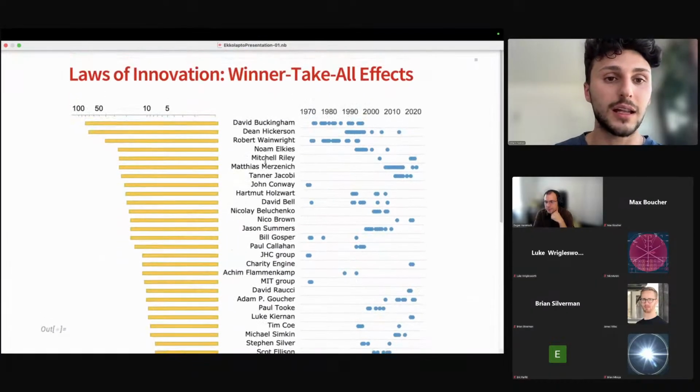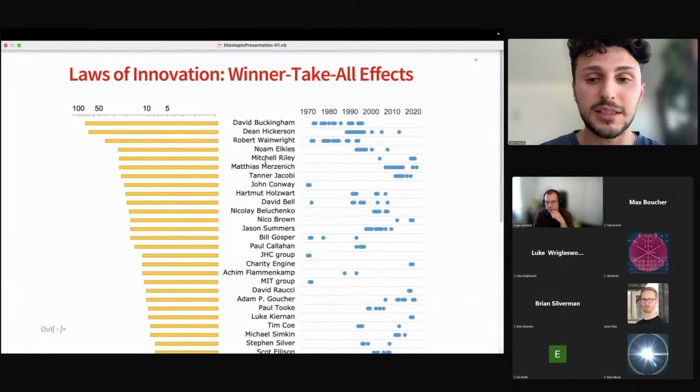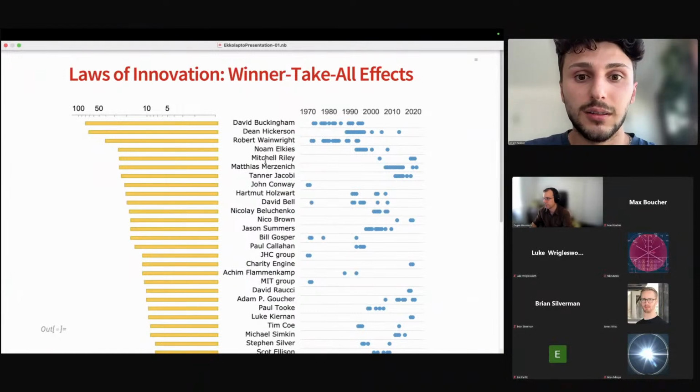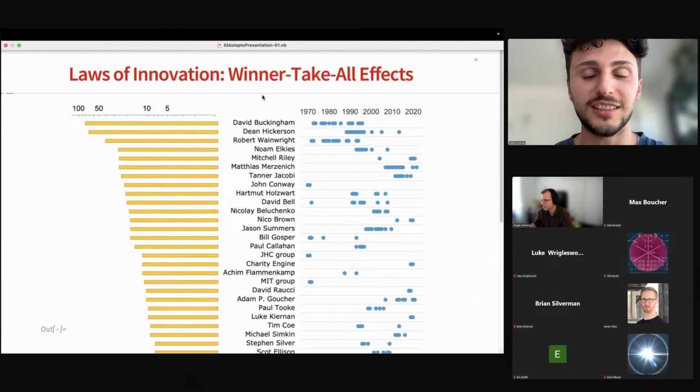Then we can look at things like winner-take-all effects. This shows the distribution of discoveries across different people, and most of the discoveries come from a select few individuals. I think about it similar to how wealth can concentrate among a select group: once you've made 50 discoveries, the next 50 are a lot easier, or more likely, because you obviously are good at discovering things.